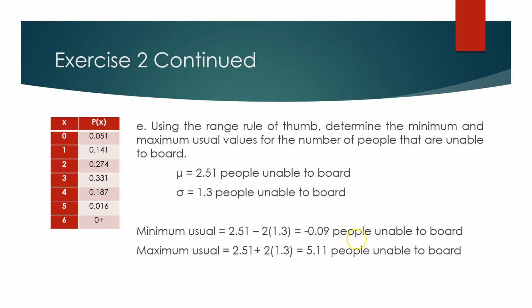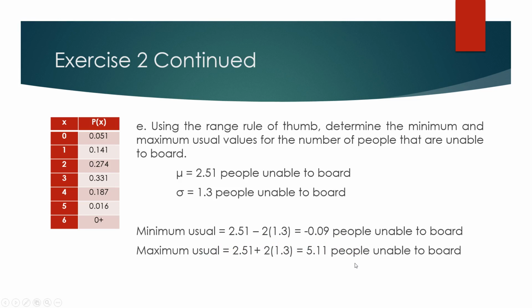Now, we do not round down because we're not saying that this has happened. We're just describing the event. So we can have negative 0.09 people in this statement here. However, on the high end, there is a case, or maybe multiple cases, where we do have an unusual amount of people unable to board.